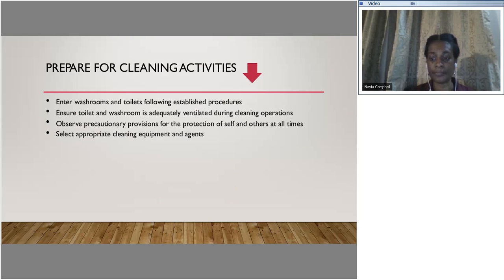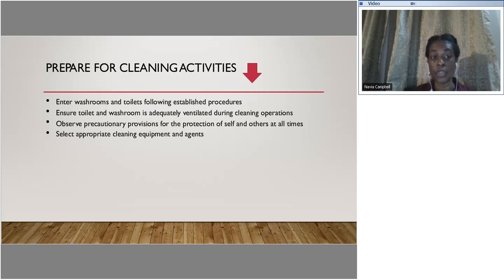It is very important that the public area attendant prepares for the cleaning task. In doing so, you should bear in mind that you should enter restrooms following the established standards.